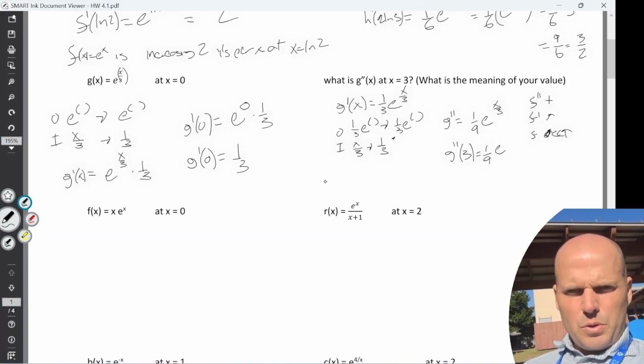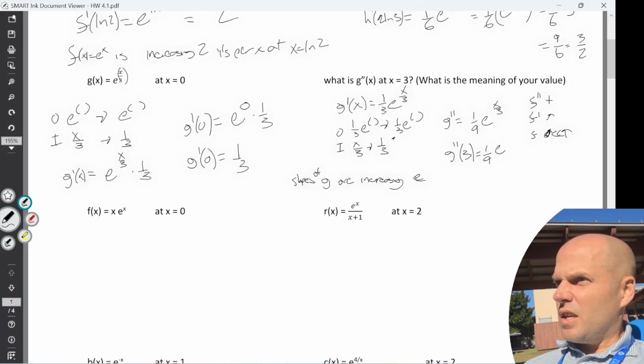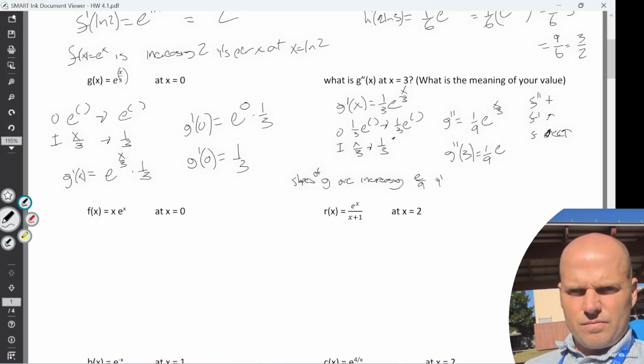So we would say that the slopes of g are increasing e over 9 y's per x at y's per x. So the slopes are y's per x.